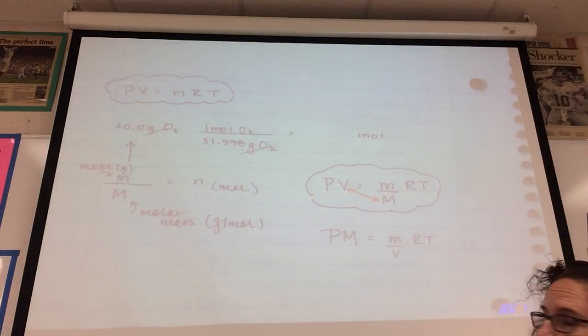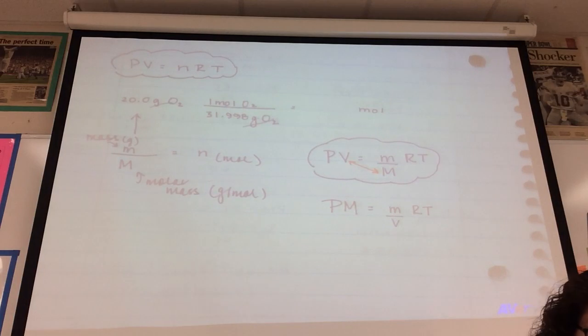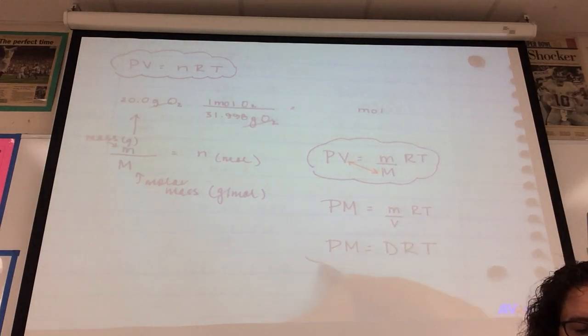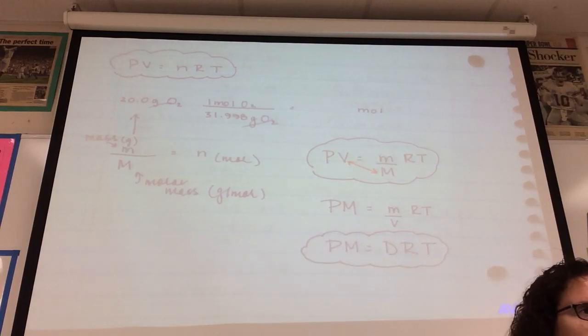What is mass over volume equal to? Density. Density is what I meant. PM equals dRT, and here's your other formula. That is one cute little way to remember it.